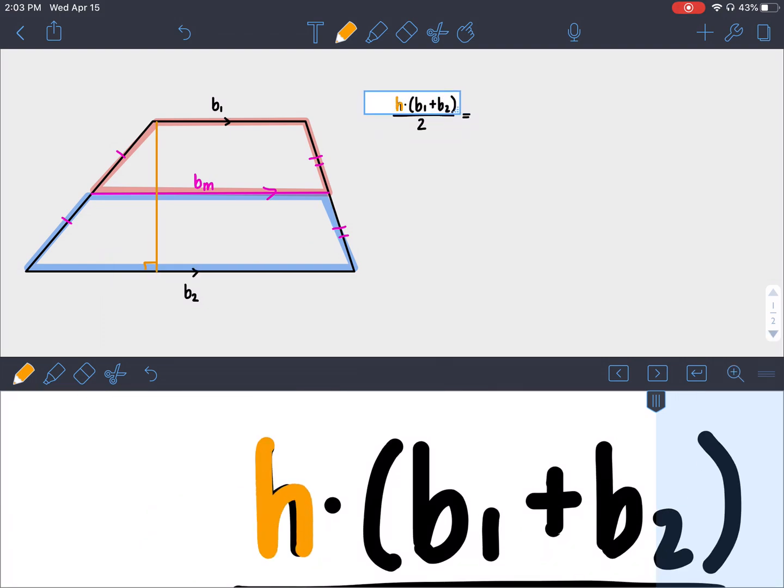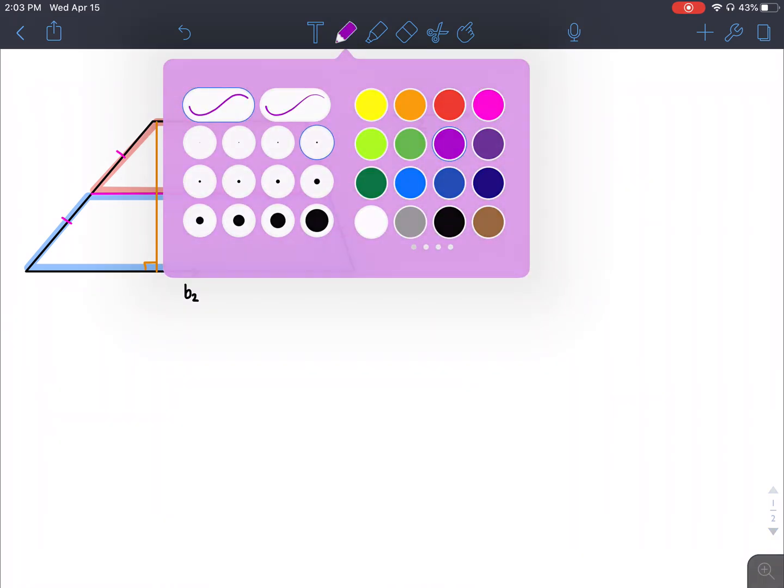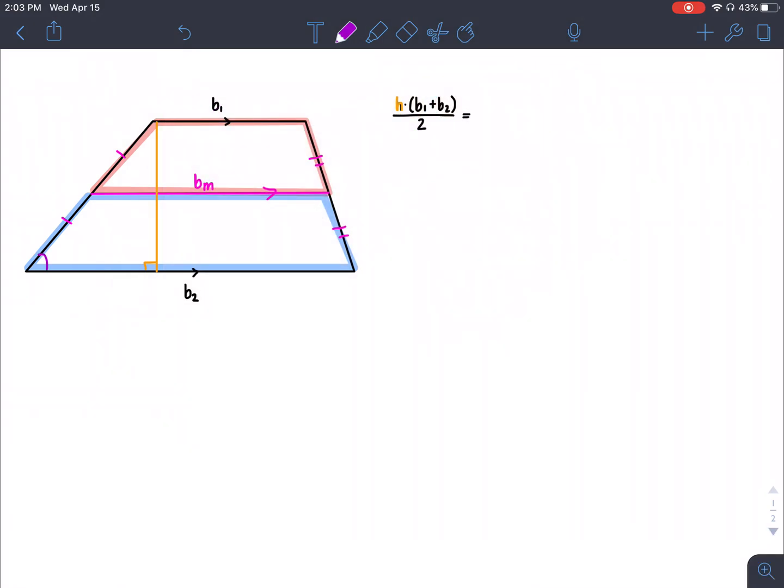Okay. So then if I label the other information I know based off of trapezoids, I know that this angle is going to be congruent to this because of corresponding angles, and those are parallel lines. This is also going to be perpendicular.